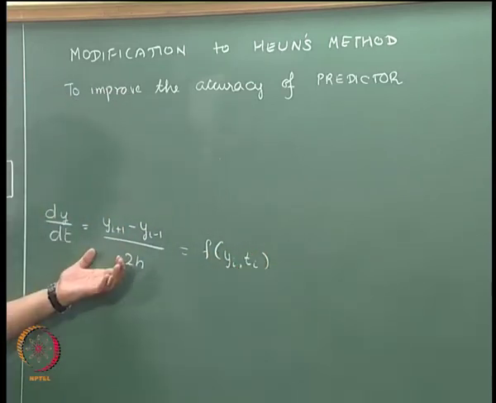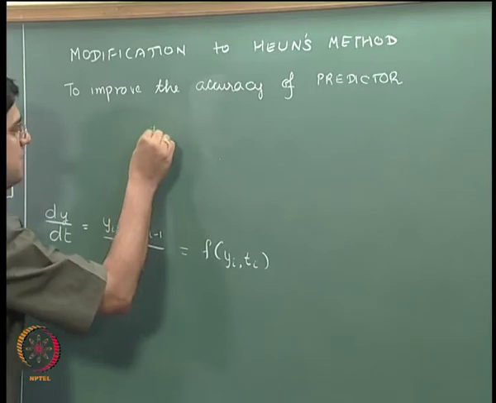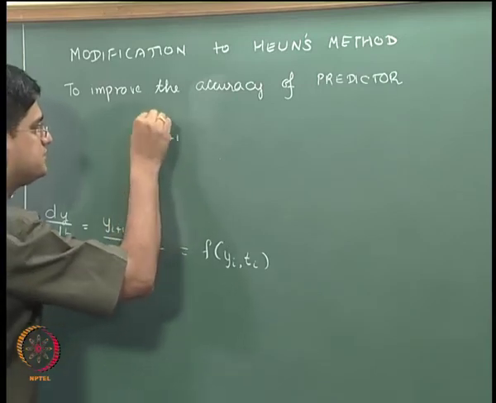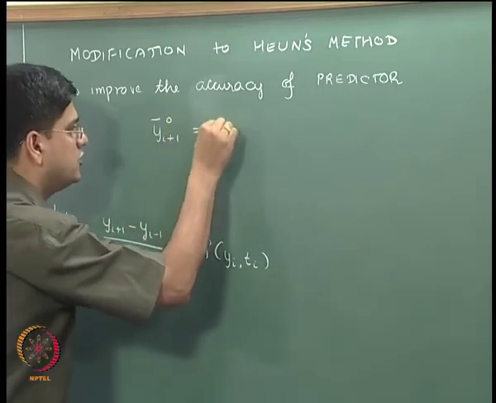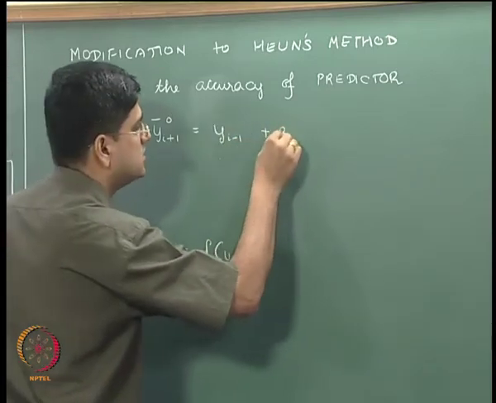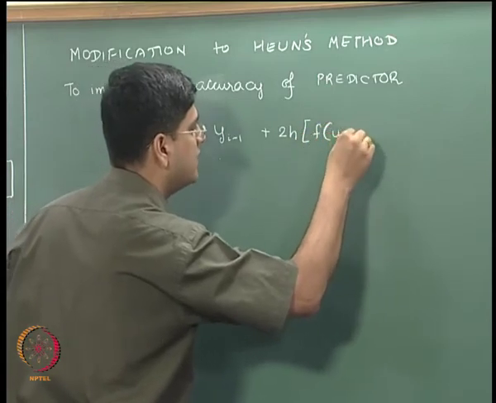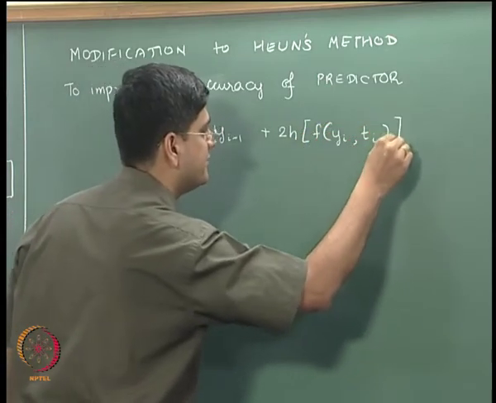Okay. As a result, our method with an improved accuracy is going to be y I plus 1 bar 0 equal to y I minus 1 plus 2h multiplied by f of yi comma ti. Okay.